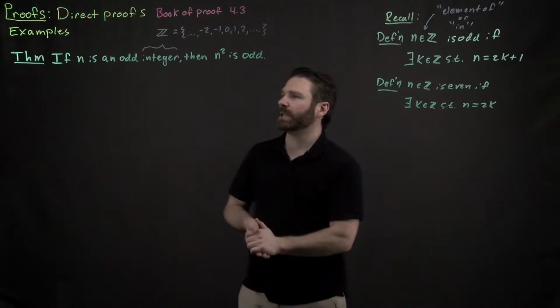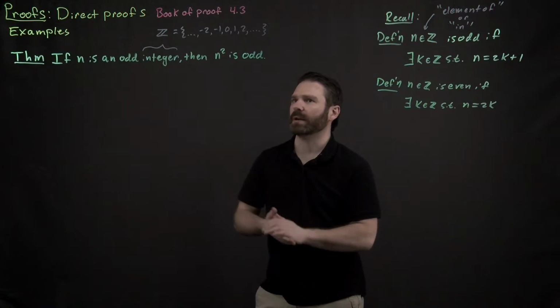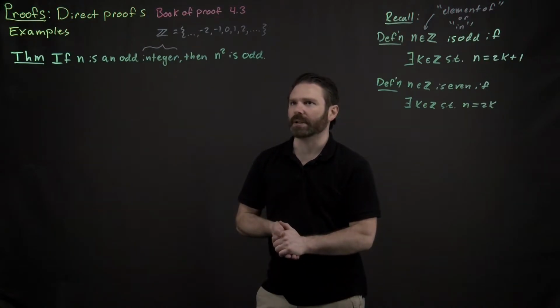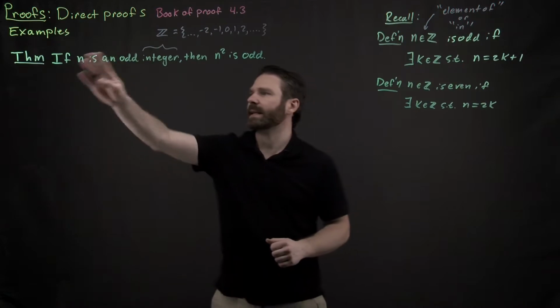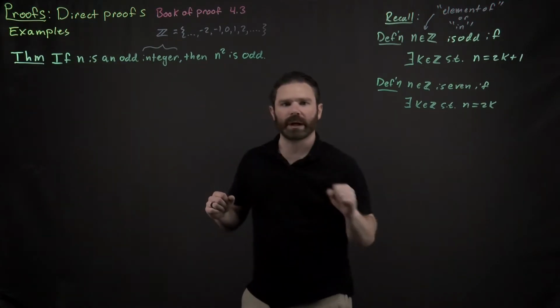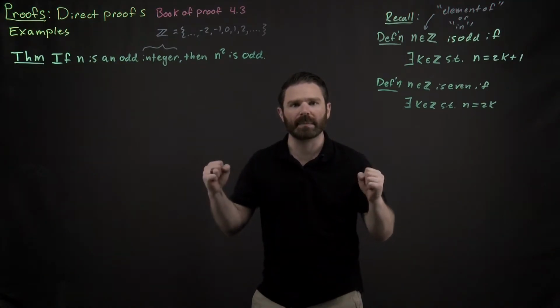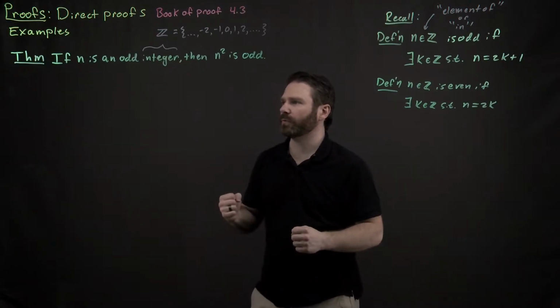But in any case, this particular theorem claims that if n is an odd integer, then n squared is an odd integer. I see that this is an if-then statement, which immediately makes me think it might be amenable to our direct proof technique.